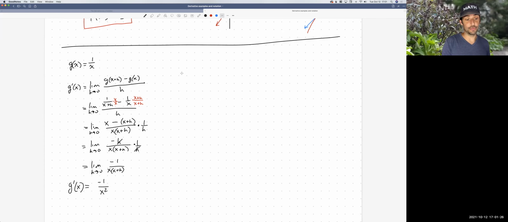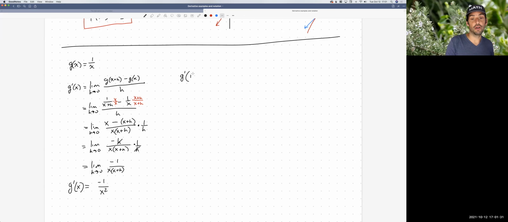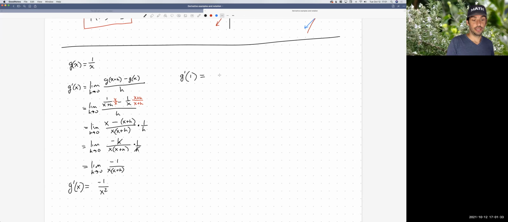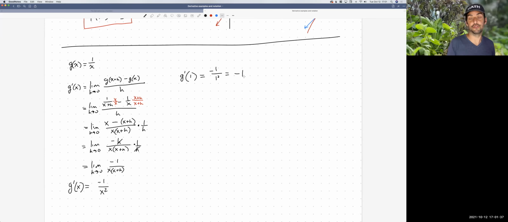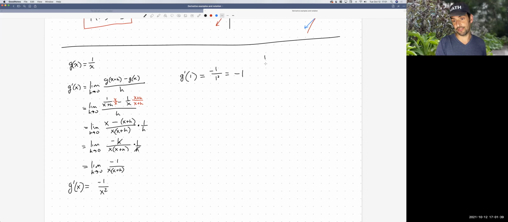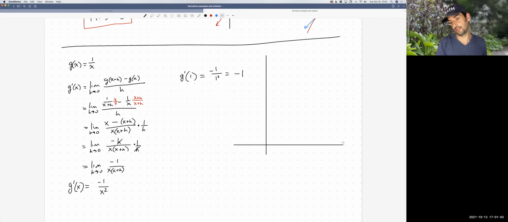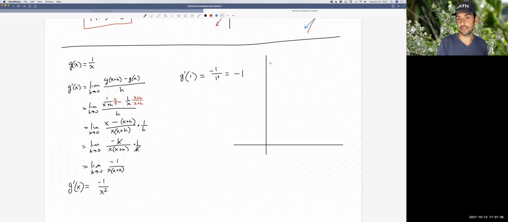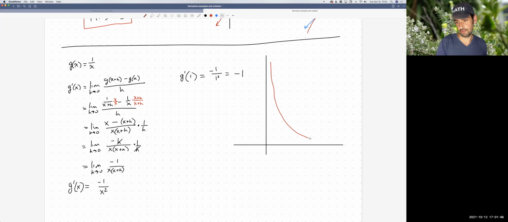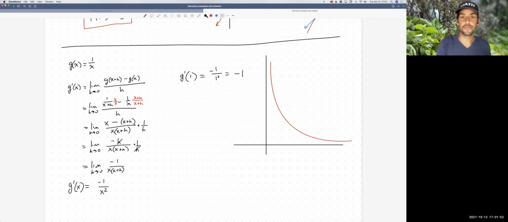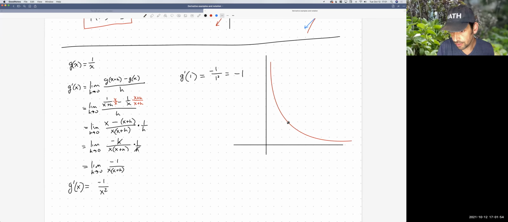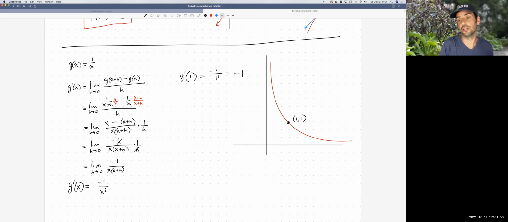So what is this telling us? Well, if I compute g prime of 1, I get negative 1 over 1 squared, or negative 1. It's telling me that if I look at the graph of 1 over x, something like that, it goes through the point (1, 1).